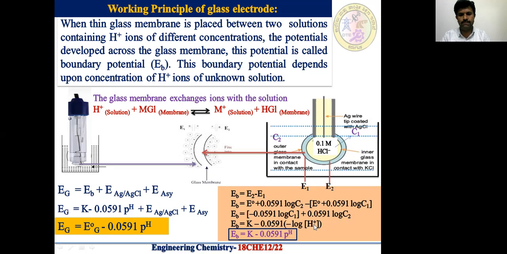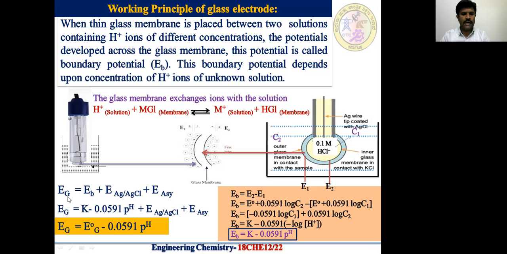C2 is nothing but H plus ion concentration. Hence the boundary potential is equal to K minus 0.0591 into minus log of H plus, which is nothing but pH. So this is the value of boundary potential.